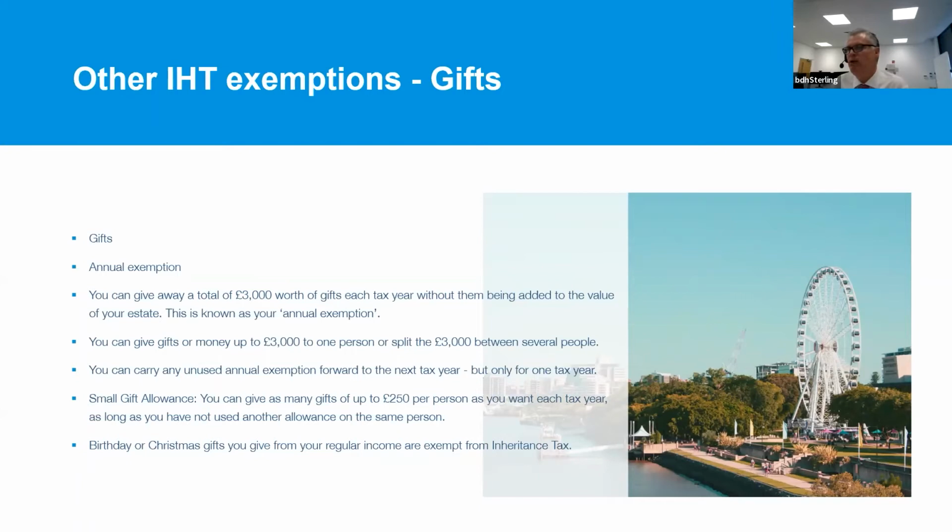You can carry forward 1 year only, so the first year you can make your annual exemption is 6,000. There also is a small gift allowance, which allows you to make gifts of up to £250 per person each tax year. In addition, birthday or Christmas gifts you can give from regular income are also exempt from inheritance tax.